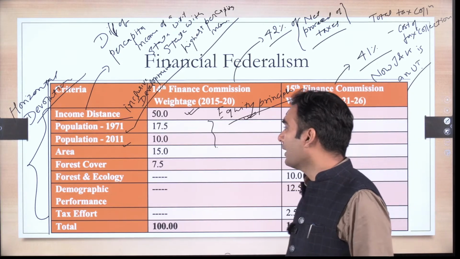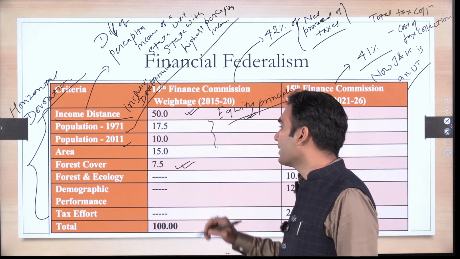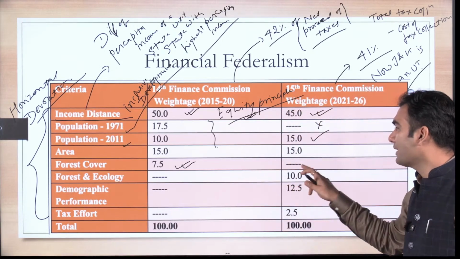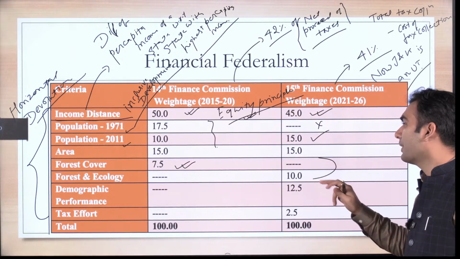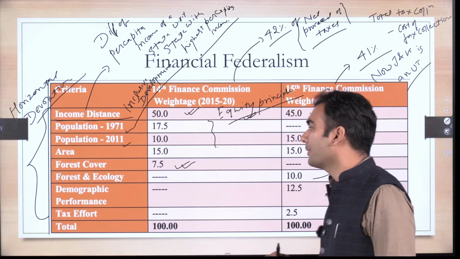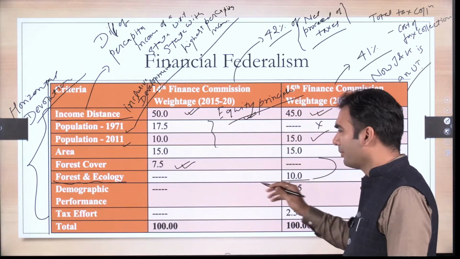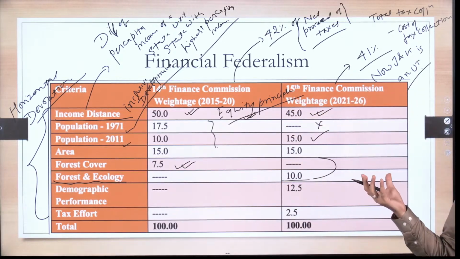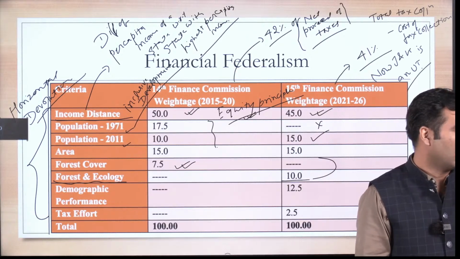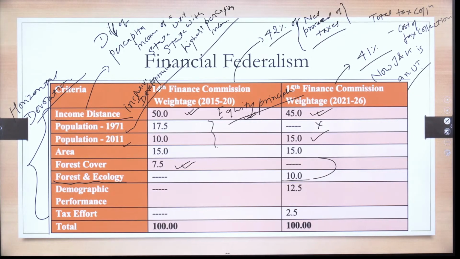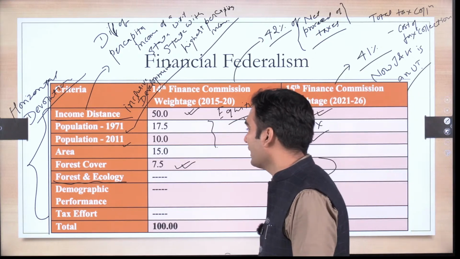Next is that earlier forest cover was used as a principle. Now, in place of forest cover, a new criteria has been introduced, that is forest and ecology, and the percentage has been increased from 7.5 to 10%. Okay. Now, what is the difference between forest cover and forest and ecology?